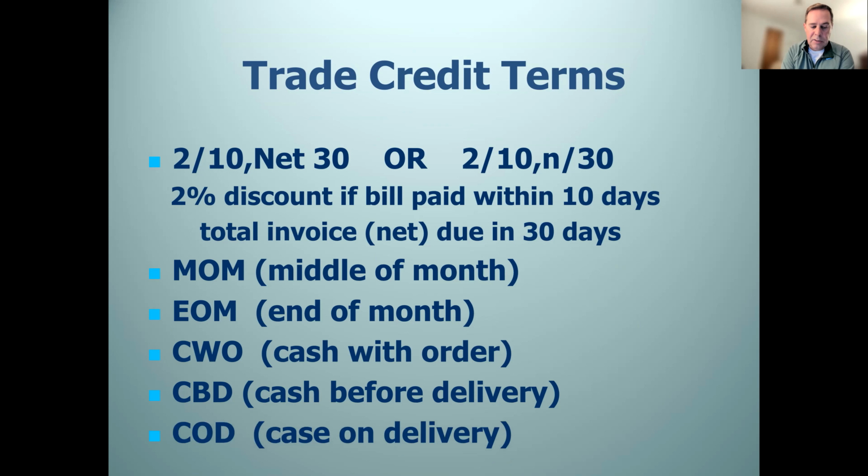And last is COD, which many of us are familiar with, and that should be cash on delivery, not case on delivery, but cash on delivery. So COD is basically when the item arrives, it should be paid for with a check or a credit card or something, but cleared up once that's been made.